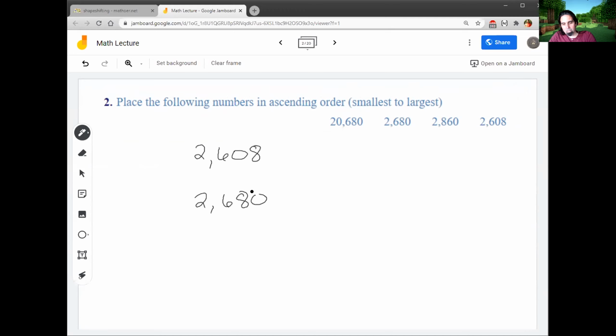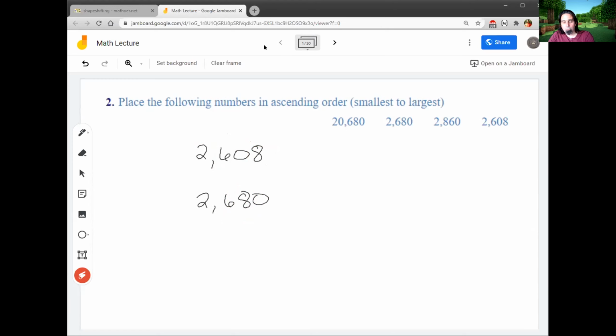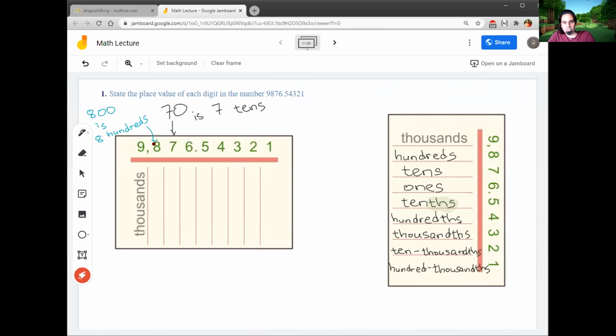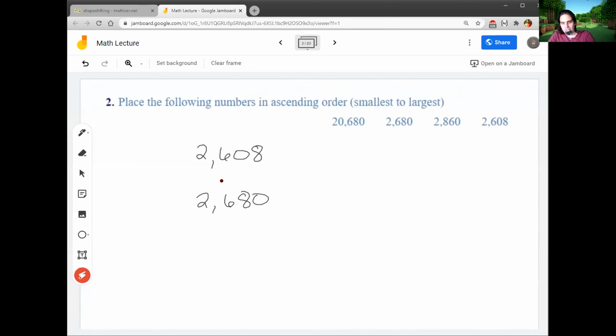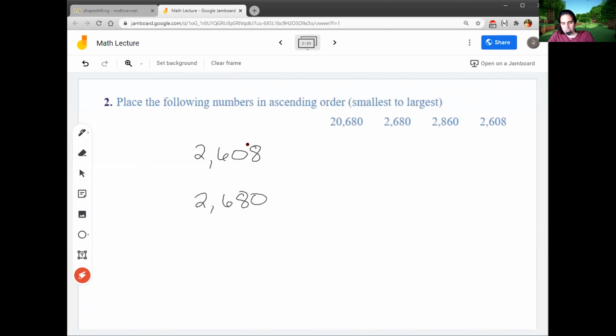So if this doesn't make sense to you immediately, or if you have a kid at home that is learning this for the first time, then both of these have 2,000s. Both of them have 600s, but this one has an 80 and this one has an 8, and 80 is bigger than 8. So it's the same type of thinking from the previous slide where this isn't an 8, it's an 800. This isn't an 8, it's an 80. This one actually is an 8.